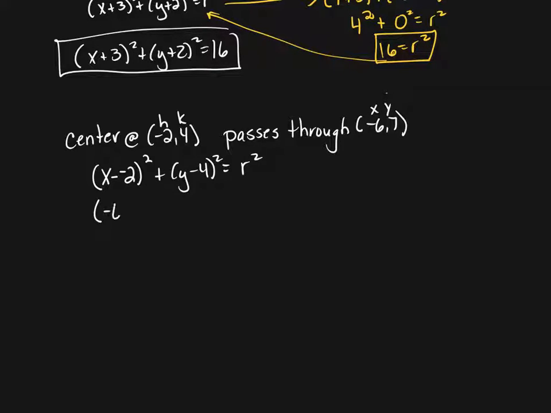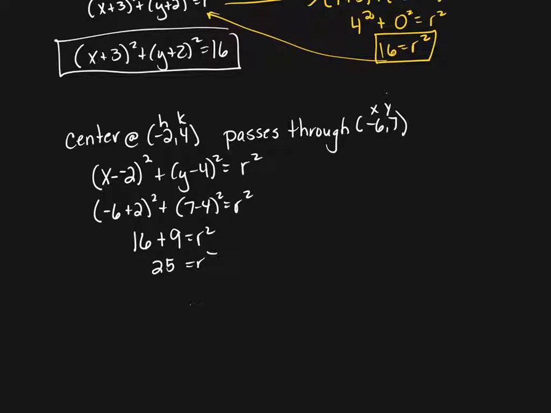So I can plug in -6, and I can plug in the 7, and let's see what r squared is going to be. -6 plus 2 is -4. -4 squared is 16. And then 7 minus 4 is 3. 3 squared is 9. So our r squared is going to be 25.